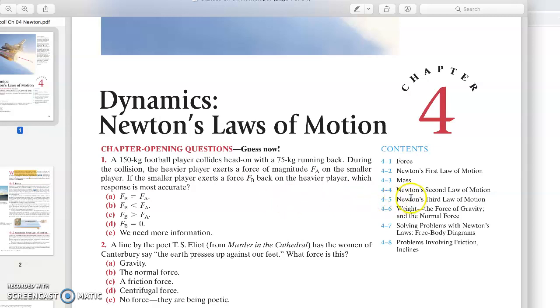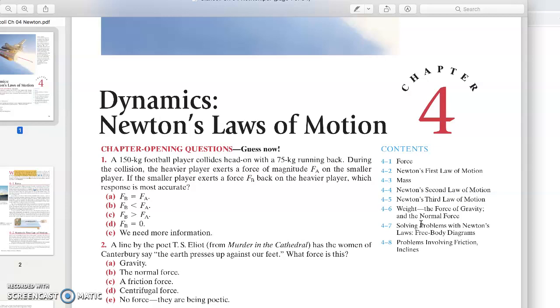If you see here the sections of the chapter, as I mentioned before, they are 8 sections, and they are all included in our syllabus, all of them from 1 to 8, nothing will be cancelled. Section 4.2 is Newton's first law of motion. Then in the 4th section, Newton's second law, and in the 5th, Newton's third law.